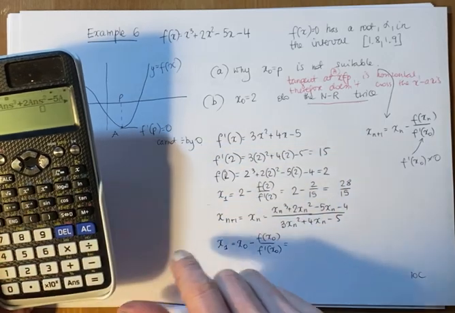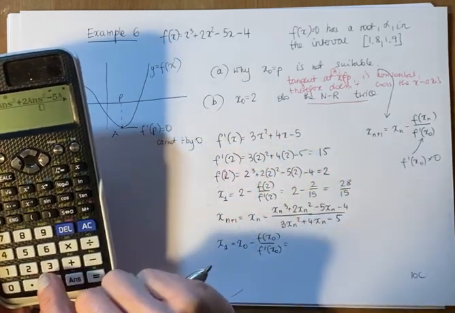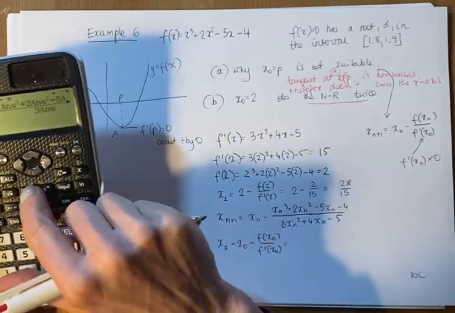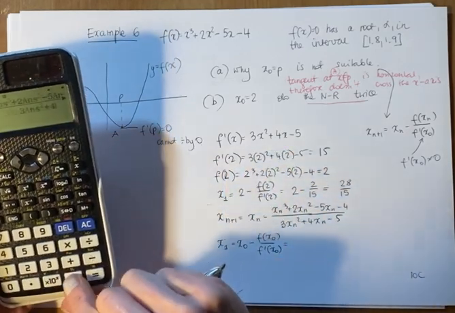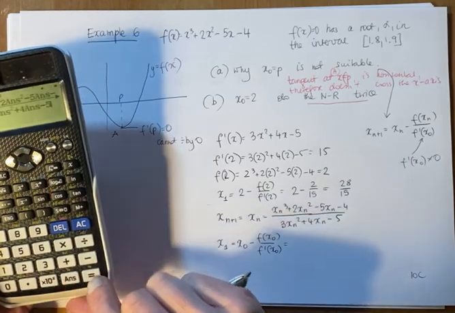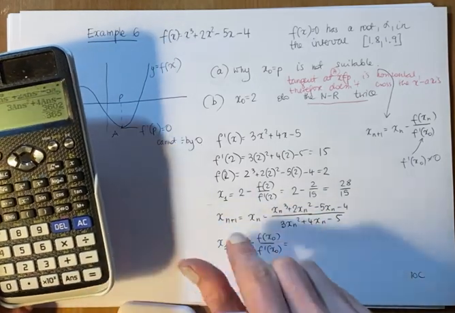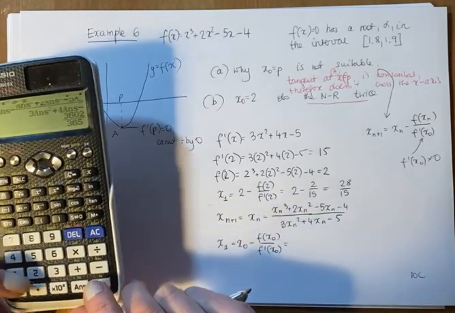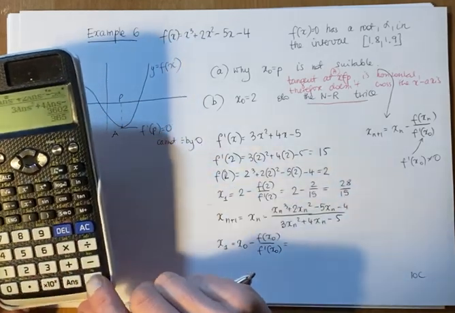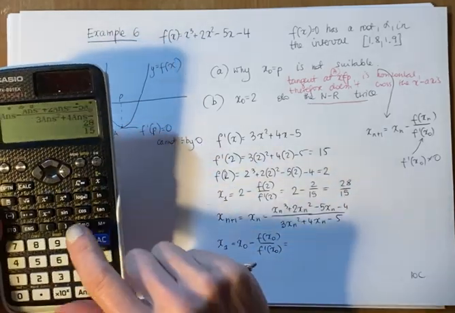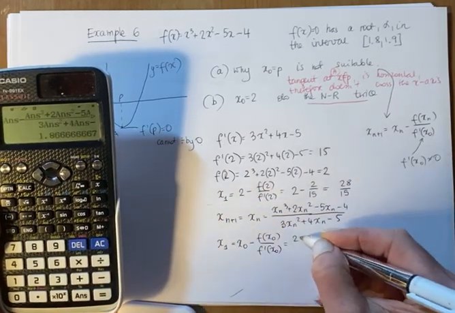In the bottom of the fraction we're going to put the derivative, so 3 ans squared plus 4 ans minus 5. Okay, I don't think I've put 2 in, so that's fine. Let's just go back. 2 equals, okay, so that's 28 over 15.